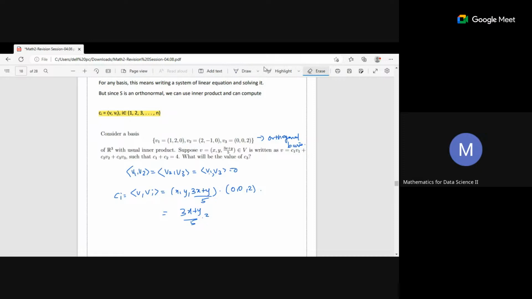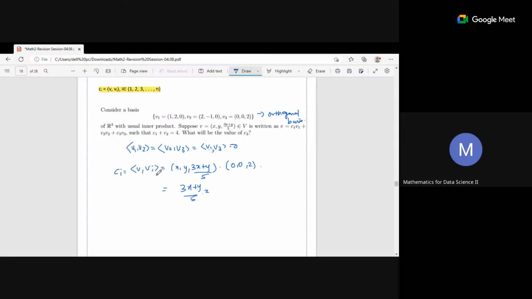And if you have to find x and y, that is why they have given C1 plus C2 is equal to 4. You know that C1 is the inner product of this vector with this, so you have x plus 2y, and C2 is equal to 2x minus y.